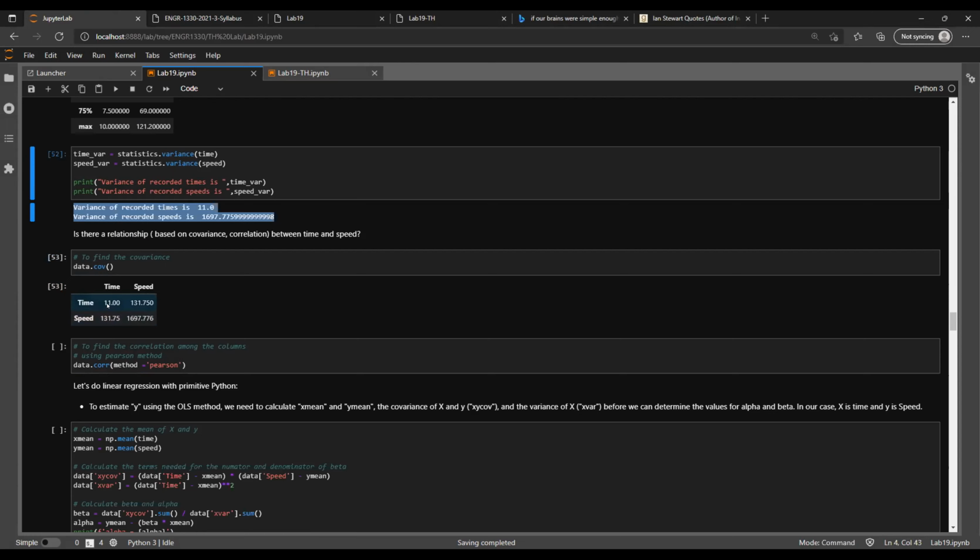Why is that? Well, you've got an X1, X2, Y1, Y2 situation going on here. It just so happens that the X1 and Y1 are the same thing. So if I'm getting the covariance of time, which is a random variable, and time, what's the covariance of these two?